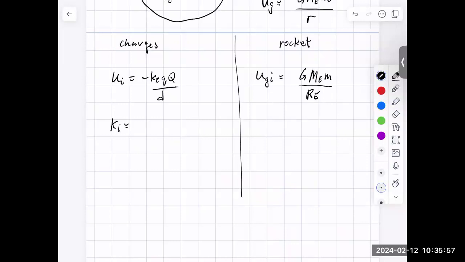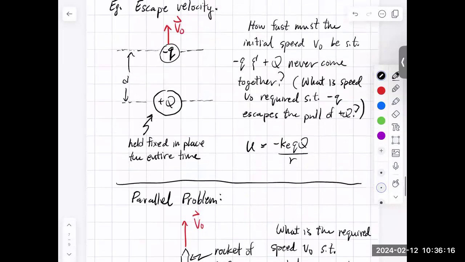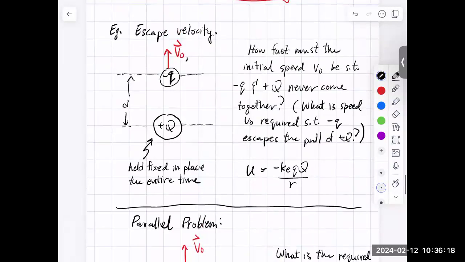All of the kinetic energy in our system is only this little charge minus Q. We said we're going to fire it away at a speed v0, so the kinetic energy is 1/2 mv0 squared. And probably what I didn't do is specify that this little charge has mass m.